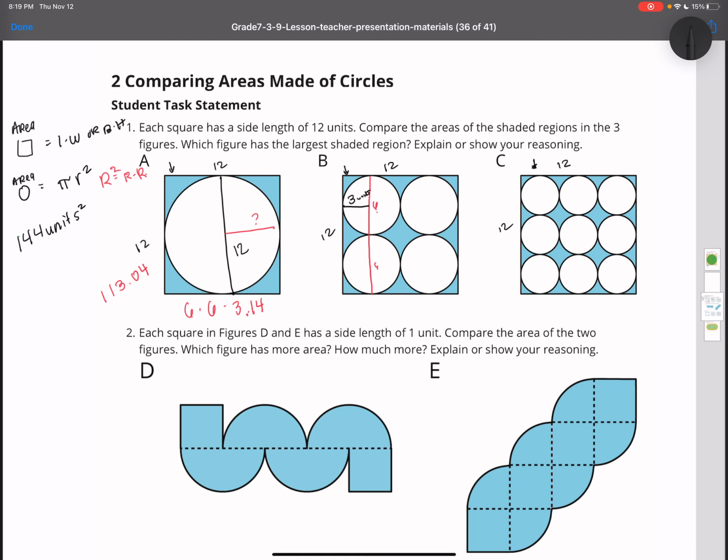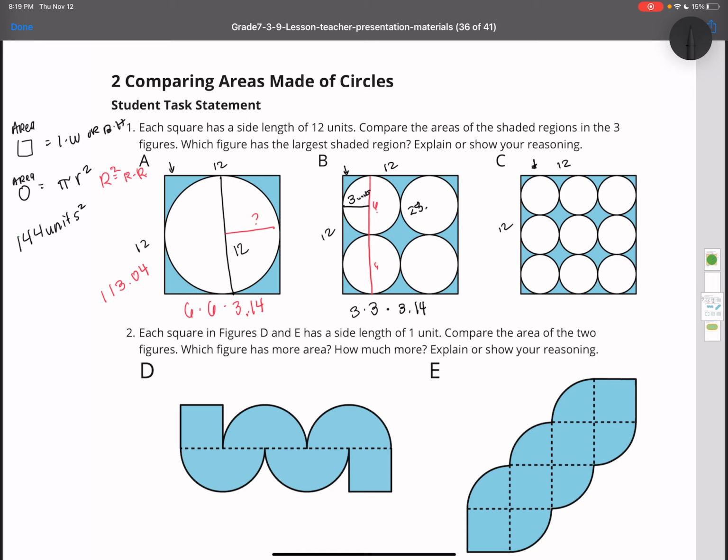So now I want to take that radius and plug it in. So it's going to be 3 times 3 times 3.14, I'm sorry about that. So when I multiply that, it's going to be 3 times 3.14. And I should get 28 and 2600ths.